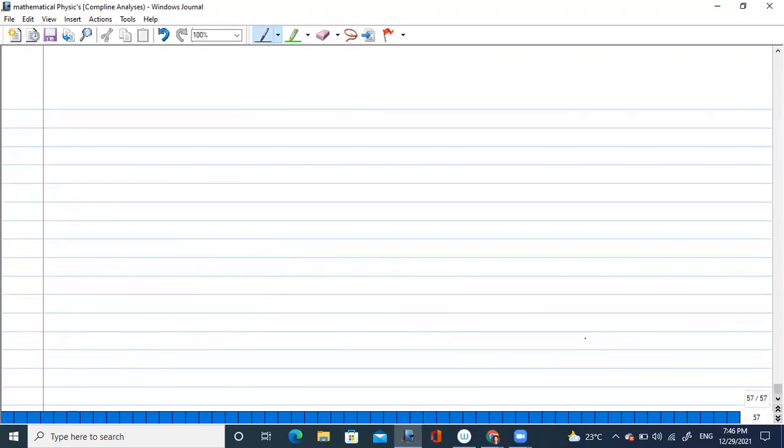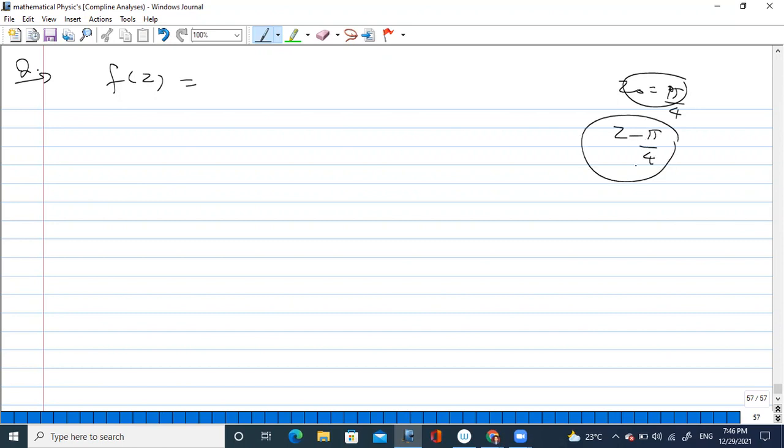So actually you need more practice in complex analysis. Then you will come to know what type of method I have to apply. Again, one question I am giving you, because the problem is there when my z0 point is something. If it is 0, there is no problem, we will go simply. But when the z0 point is, suppose, pi by 4 or something, then the problem comes. At that time you have to secure this value. To secure this value, put it as some t or something so that you will not disturb it.